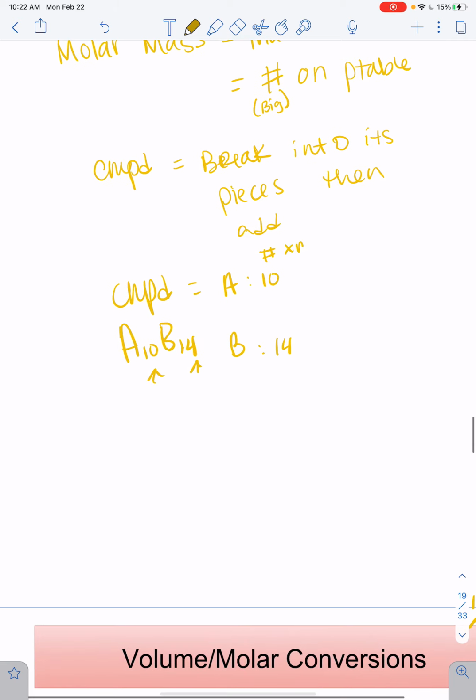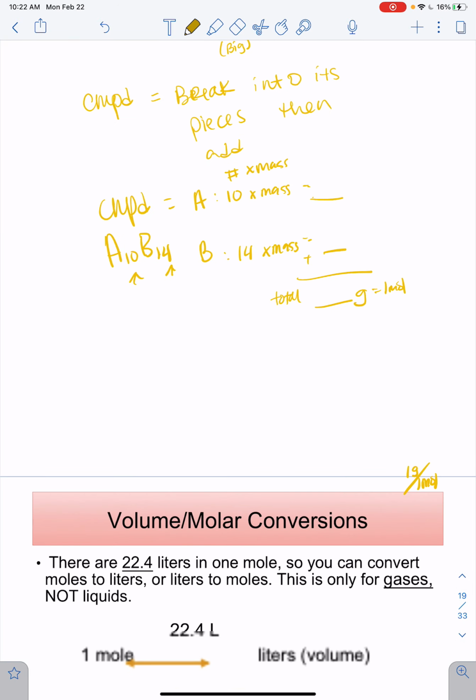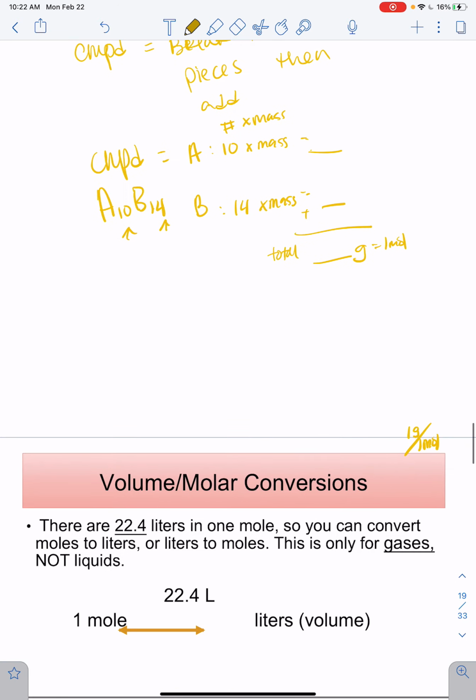I'm going to multiply that by the mass on the periodic table. Okay, that number you get from the periodic table. Once you know that answer to both of those, you just add them up to get the total grams per 1 mole.